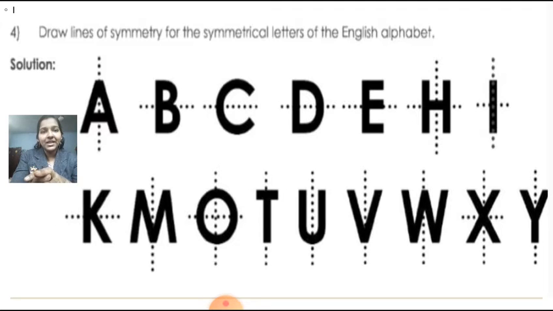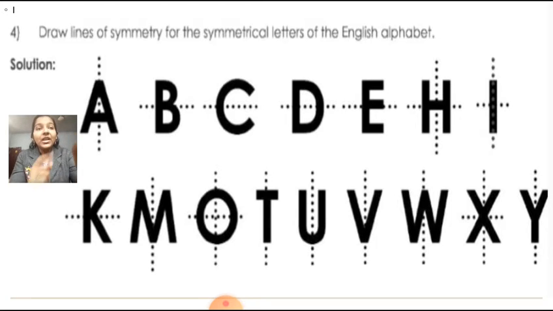That means which one we can divide into two equal halves. Okay, so let's check how we can draw the line of symmetry and how many lines of symmetry we can draw on these letters. Let's check that.